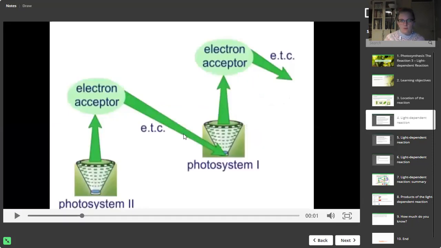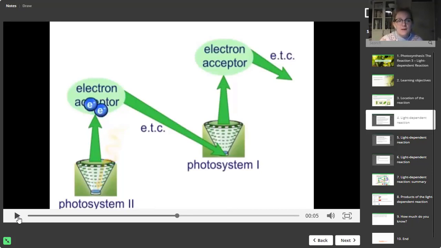So step 1, light. I'm really hoping light's going to be drawn onto here. Here we go. Light hits photosystem 2, and that's really important. We always start with photosystem 2. So light comes along, it hits photosystem 2, which has chlorophyll in its center. This light energy excites 2 electrons. These electrons gain energy, and they go to this electron acceptor.